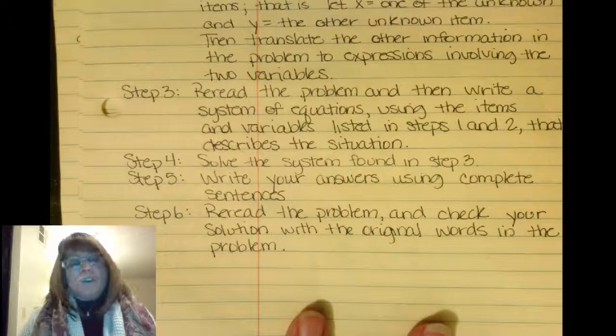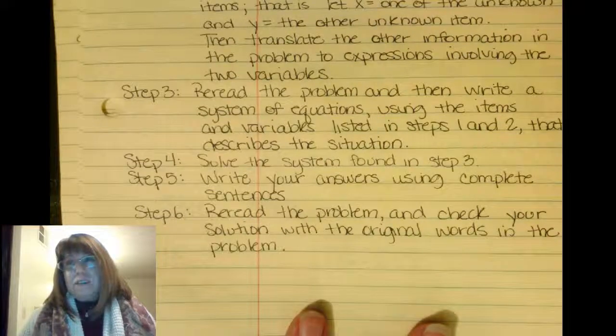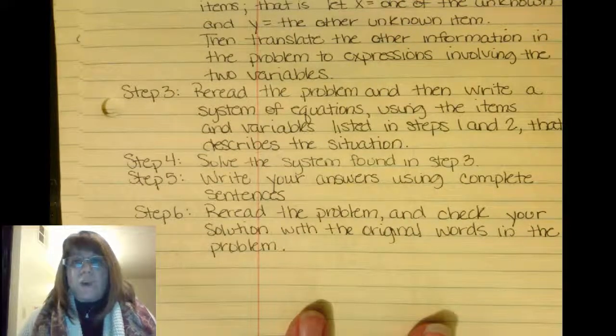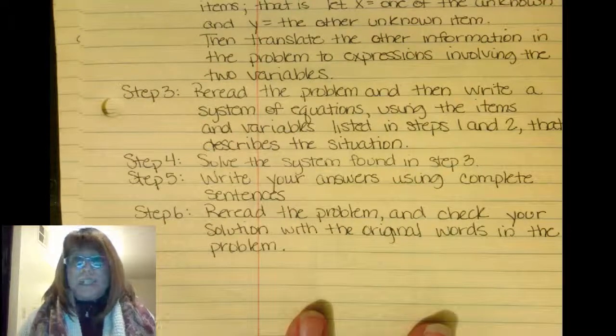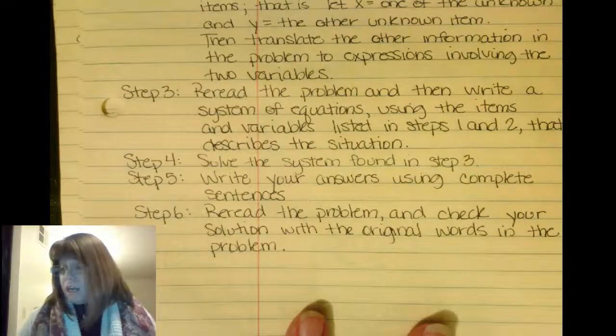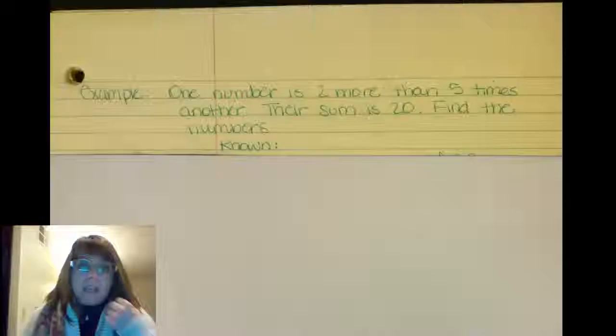And you should use your intuition to see if that makes sense. For example, if we're looking for the length of the leg of a triangle, and we come up with a negative number, well, length shouldn't be negative, so we should reconsider redoing our problem to make sure that our solution fits appropriately.